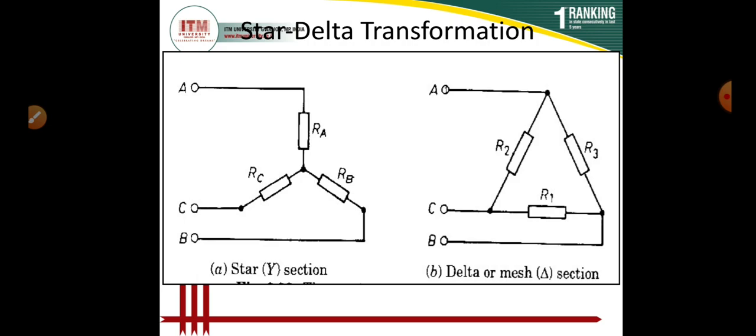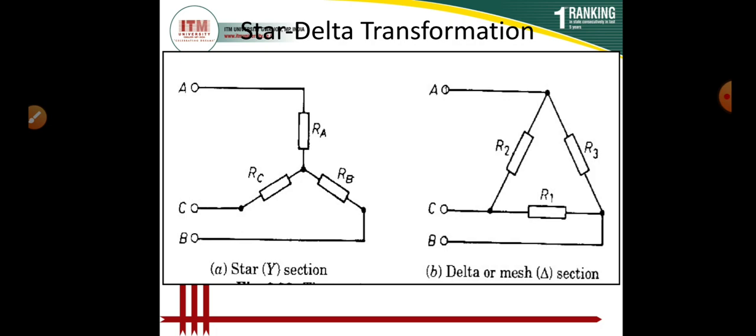But when we are talking about a balanced three-phase circuit, we can't use Kirchhoff's circuit laws, because if we apply them there, it will be very difficult to solve for the unknown quantities.